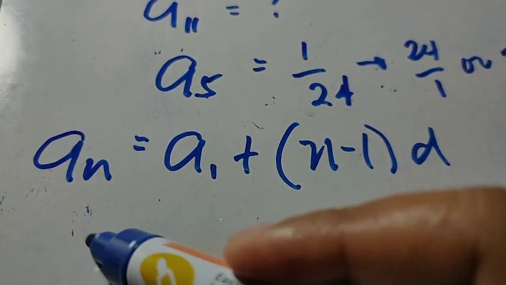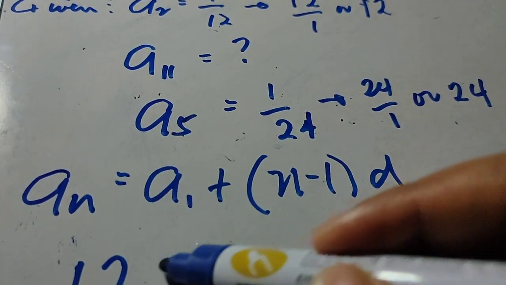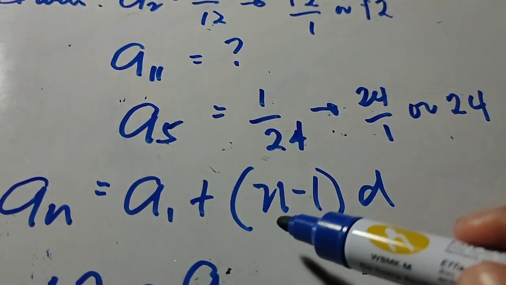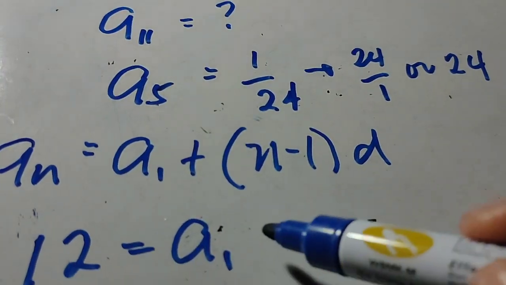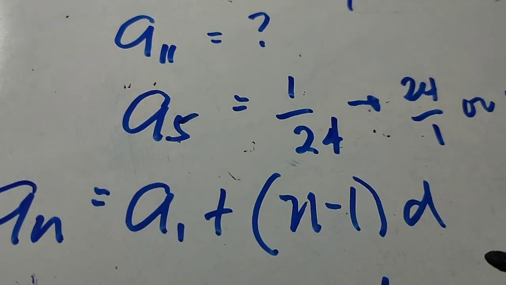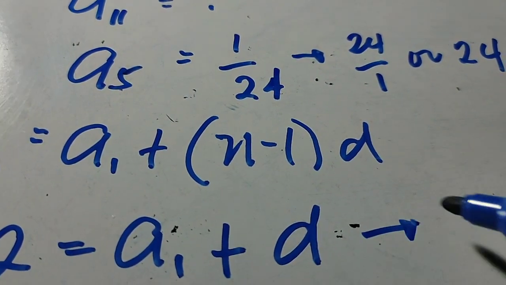So we have here a sub 2 is 12. 12 is equal to a sub 1, and then 2 minus 1 is 1. So plus d. That is our equation 1.